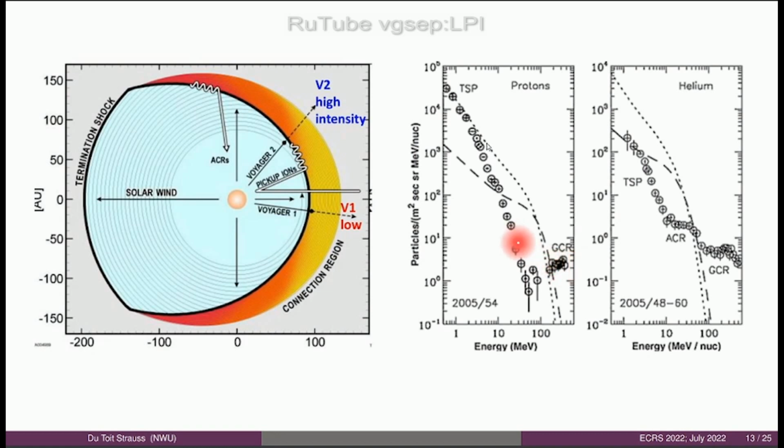However, there's a couple of different ways to explain why this happens. The most reasonable, I think, and widely accepted idea is simply that the shock is not a perfect sphere. The shock acceleration is not equally efficient everywhere at the shock. And by some arguments of connection time, you can argue that the shock is more efficient at accelerating particles at the flanks of the heliosphere and maybe more inefficient at accelerating the pickup ions at the nose.